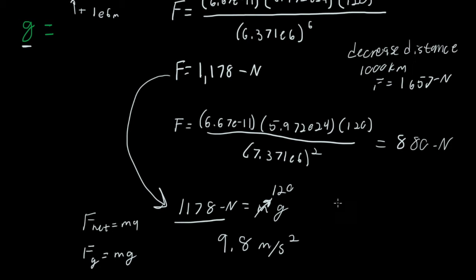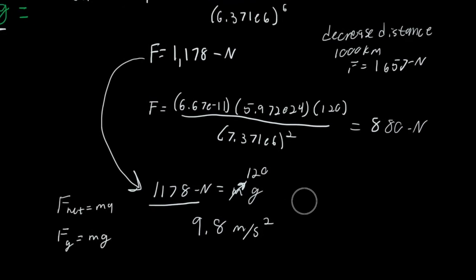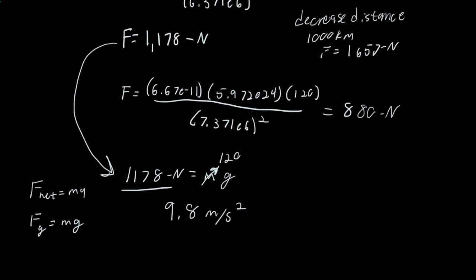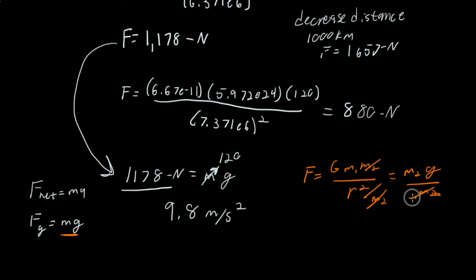And now we could do this more directly. We could take that universal law of gravitation. Let's do some orange. And we could make this equal to our weight right off the bat, our mg. And so we could say it's equal to m2g. And if we then divide both sides by m2, then our m2's all cancel out.